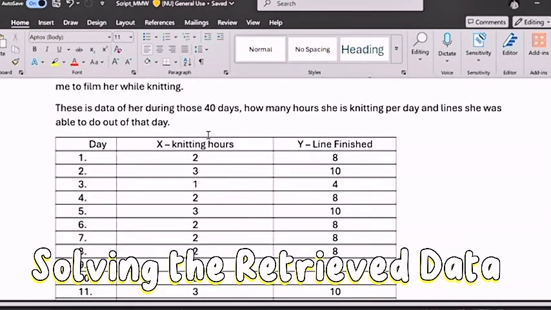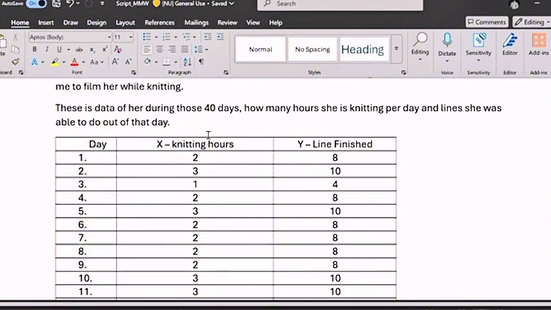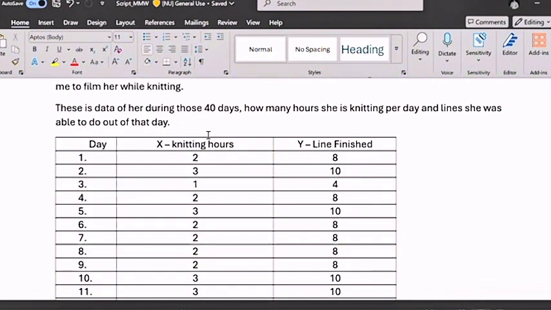This is the data of her during those 40 days: how many hours she's knitting per day and the lines she was able to do out of that day.